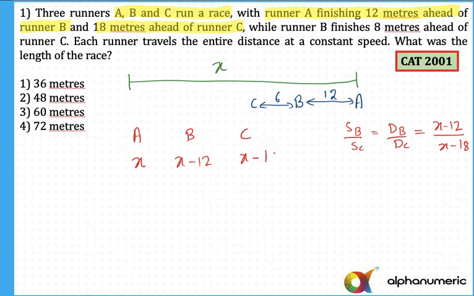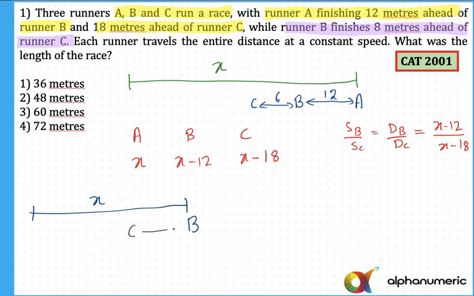Now, in the second case, what is happening? It says, while runner B finishes 8 meters ahead of runner C. So when B completed the race, let me draw another diagram. When B completed the race, the total length of the race course is X. B finishes 8 meters ahead of runner C, so the gap between B and C is 8 meters.